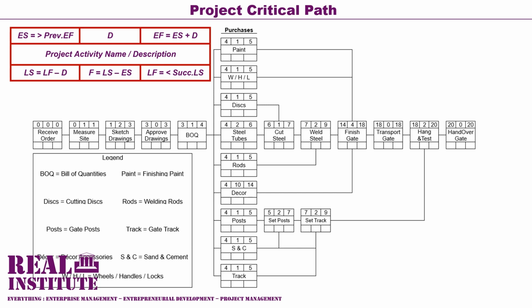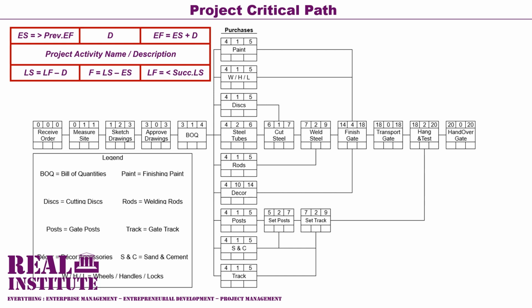We simply move that 3 to be the early start value for activity 4. And activity 4, which is the approved drawings activity, already has a duration of 0. And therefore its early finish, calculated from adding its early start and its duration, is 3, because 3 plus 0 equals 3.